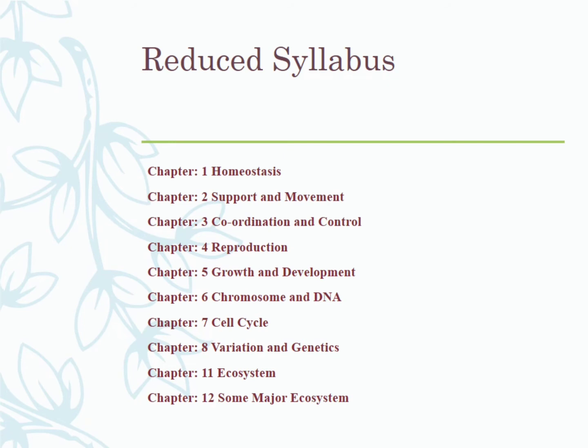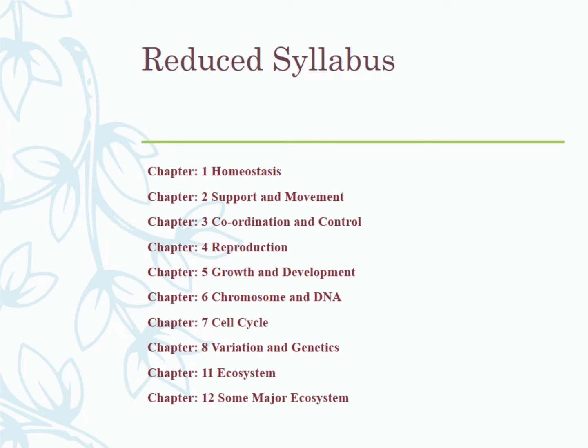All the chapters are included in the condensed syllabus as well, but a few chapters which are lengthy are affected, and some important topics which can be covered easily in limited time are included.